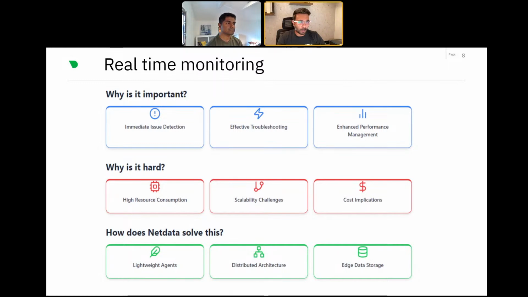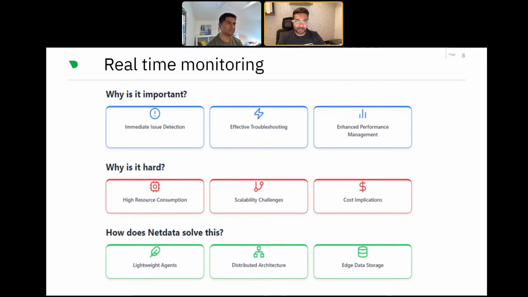So why is it important to have real-time monitoring? I think Sham covered this briefly, but for issue detection, right? Something went wrong in your system. Assuming you have a web server, you either stopped receiving requests or there are a number of errors. There is an issue, but now you need to find the root cause. How do you do it if you don't have the data?